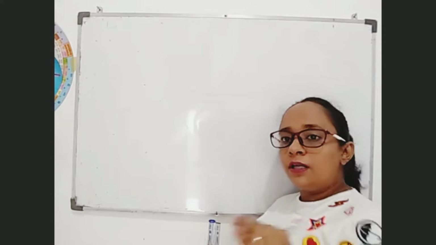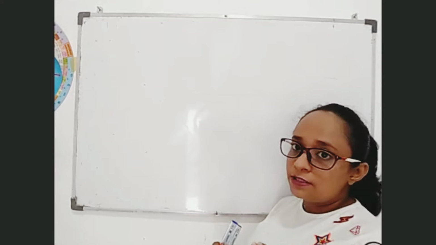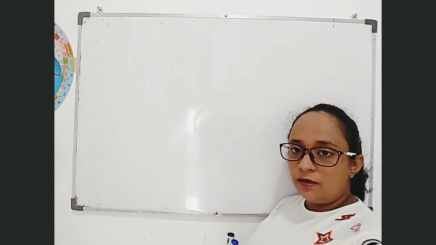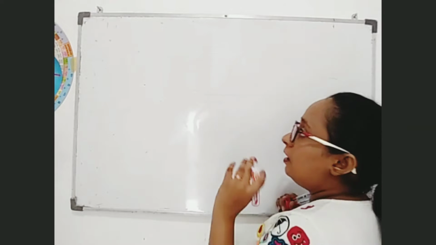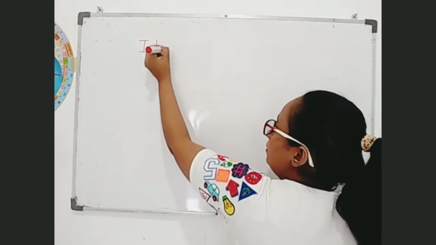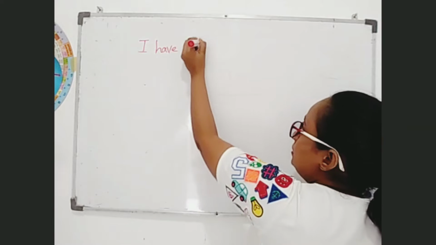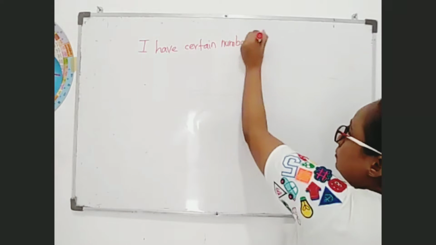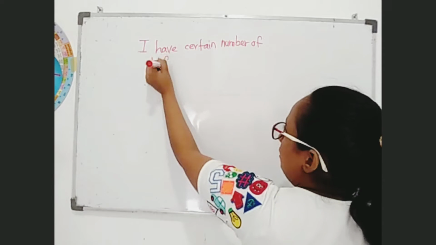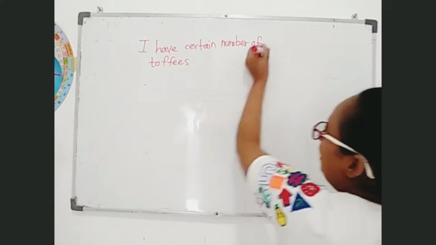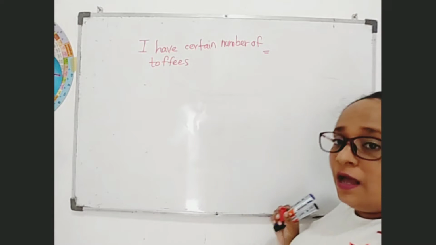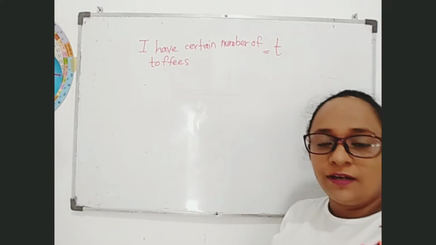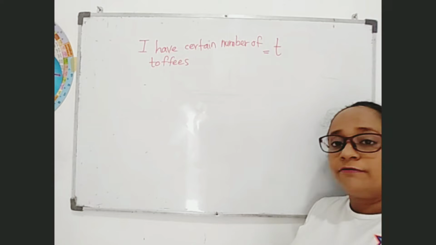So let's go for another example of constructing algebraic expressions. It's in another level, right? So let's say I have a certain number of toffees, I'll just take toffees as an example.